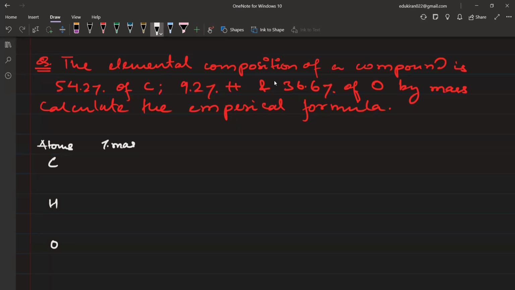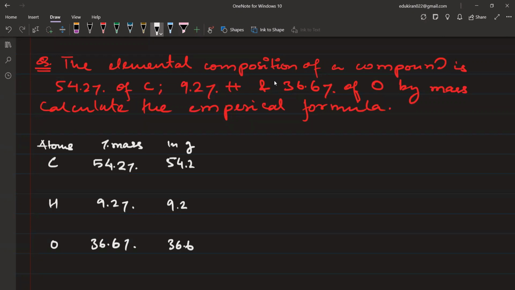Now percentage mass, we have here 54.2, 9.2 percentage, 36.6 percentage. Now in grams, we will have 54.2 grams, 9.2 grams, 36.6 grams.